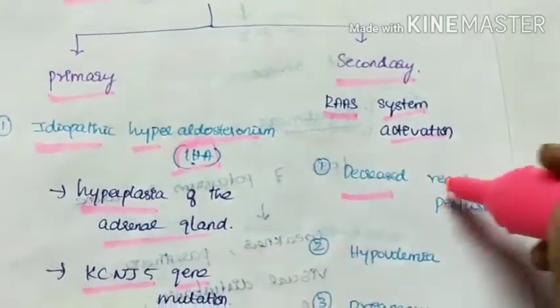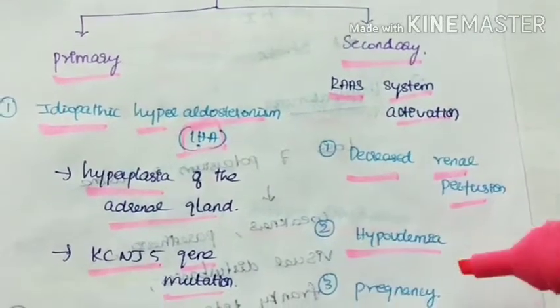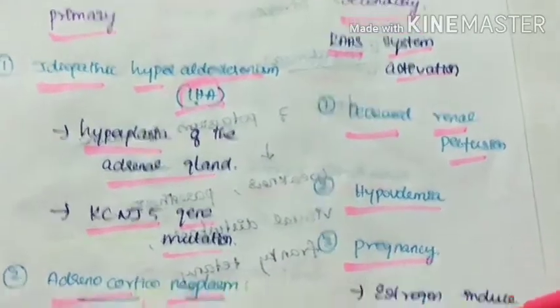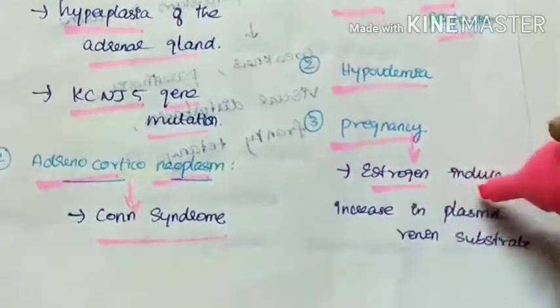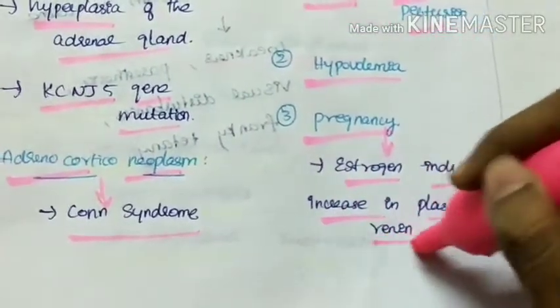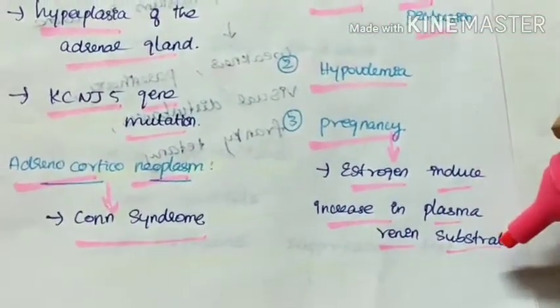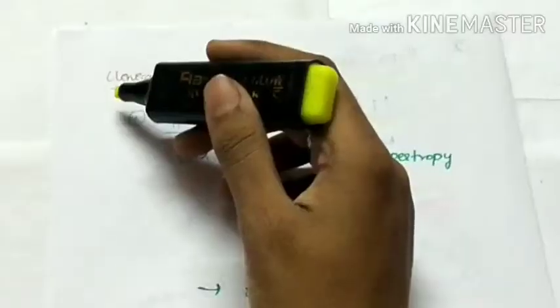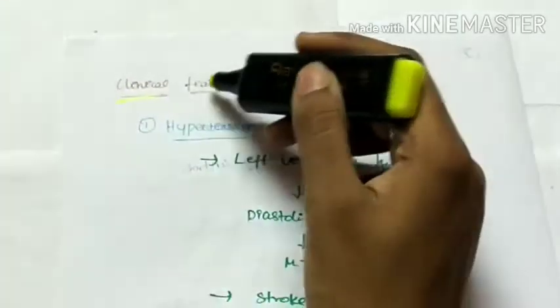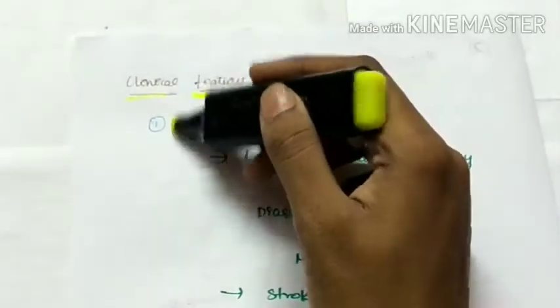The secondary etiology for hyperaldosteronism is activation of renin-angiotensin-aldosterone system. So there is decreased renal perfusion, hypovolemia, pregnancy. In pregnancy, the estrogen induces increase in plasma renin substrate. So all these causes lead to secondary hyperaldosteronism. Clinical features of hyperaldosteronism. First is hypertension.